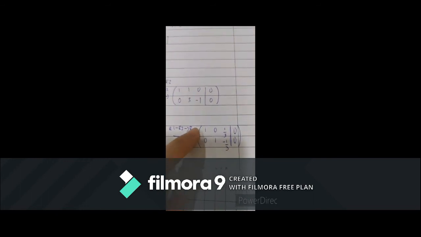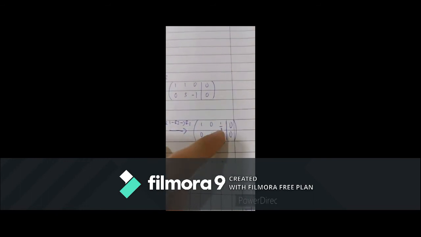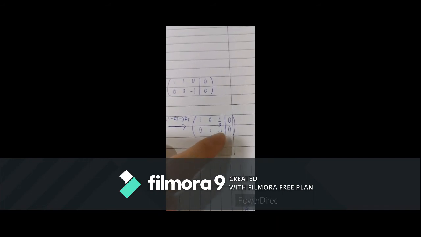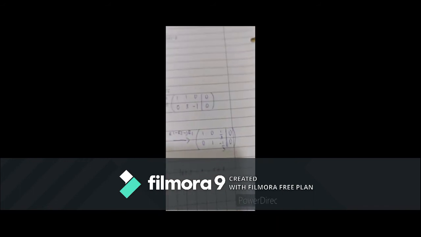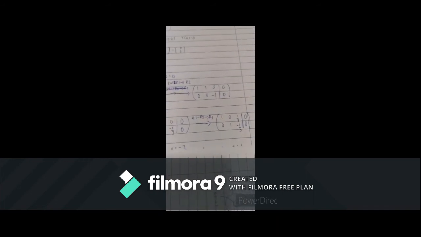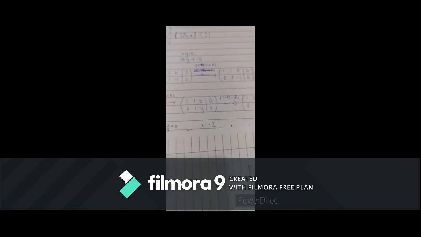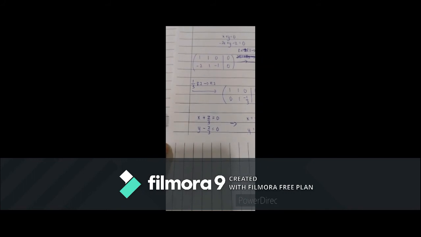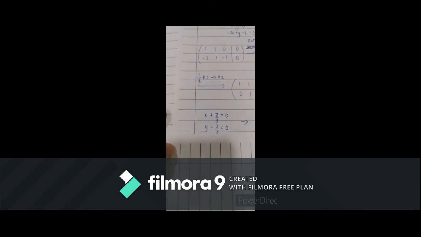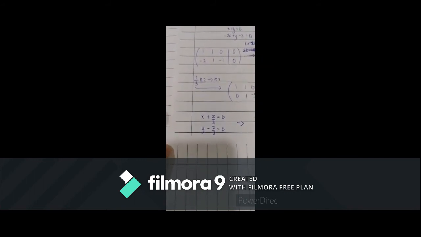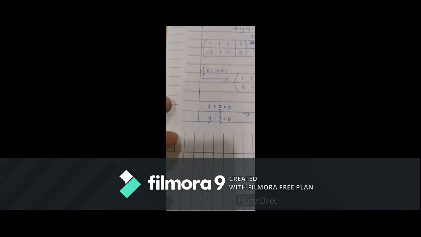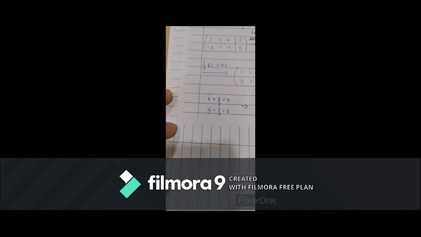So we get 1, 0, 1 over 3, 0, 1, negative 1 over 3 equals 0. From this we solve using the homogeneous system. We got x plus z over 3 equals 0, y minus z over 3 equals 0.